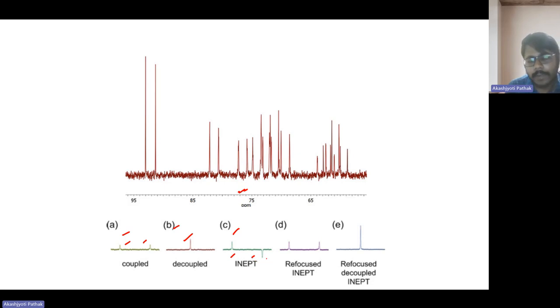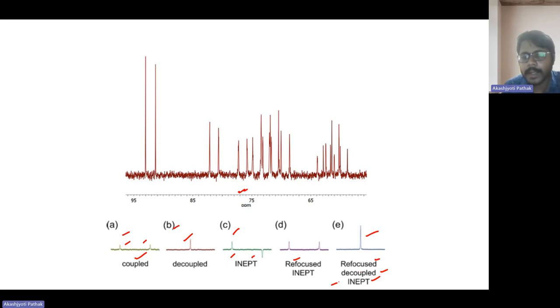And in case of refocused INEPT, we will be able to get a magnified intensity signal compared to the coupled component because of this pulse sequence. That is the advantage. And in case of refocused, decoupled INEPT, what will you get? Because they are decoupled, you will get only one peak.